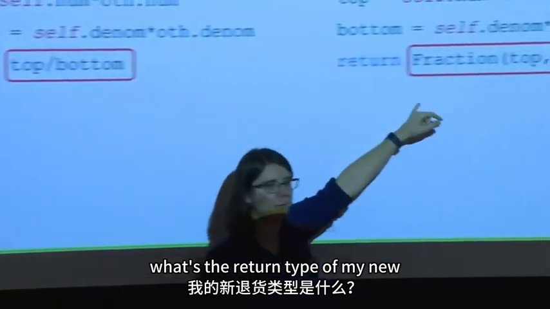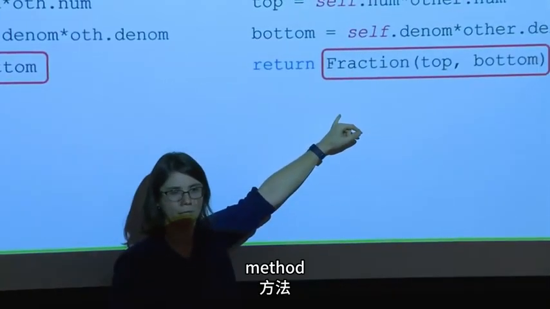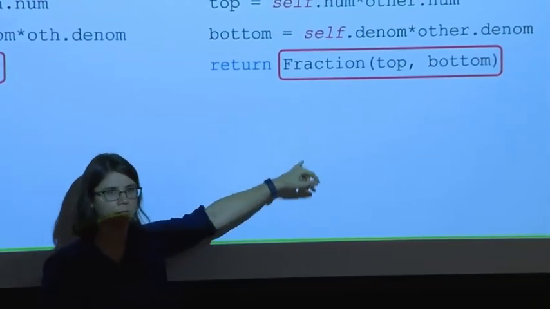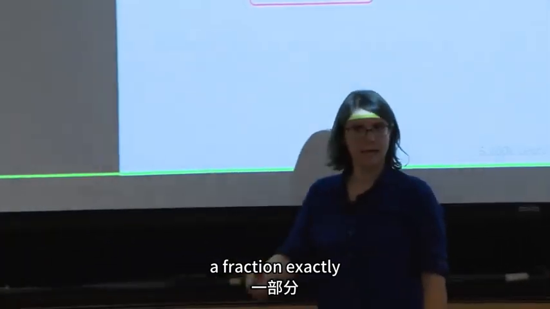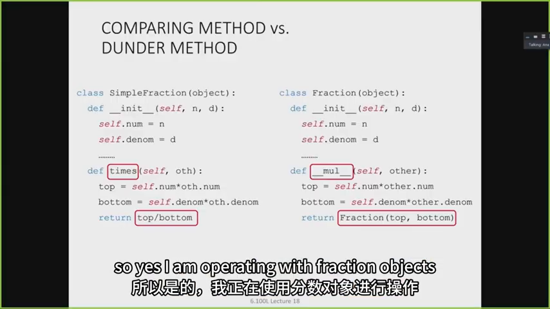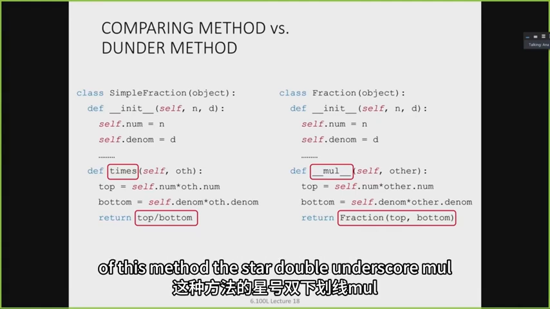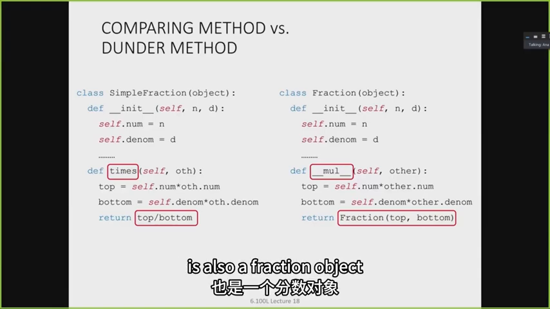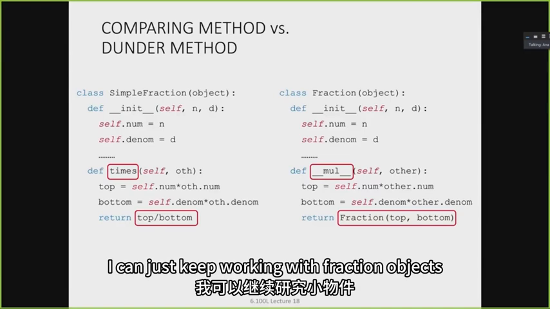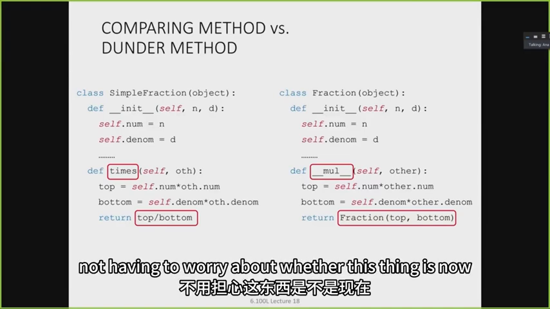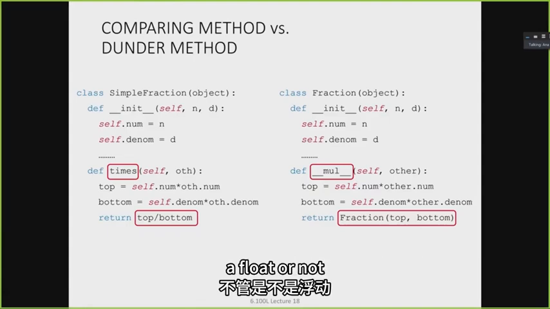What's the return type of my new method, the mul? A fraction, exactly. So yes, I am operating with fraction objects, so I'm expecting that the return type of this method, the star, double underscore mul, is also a fraction object. So then I can just keep working with fraction objects throughout my code, not having to worry about whether this thing is now a float or not.